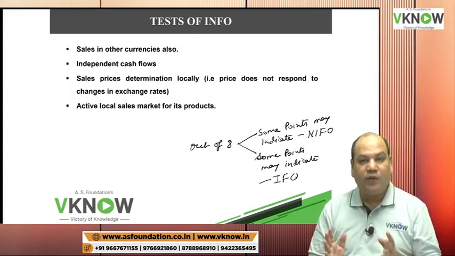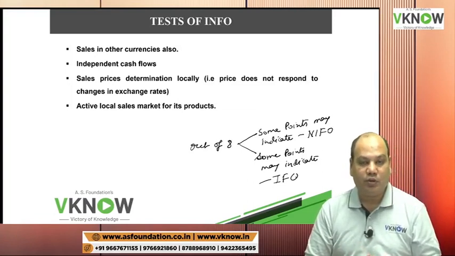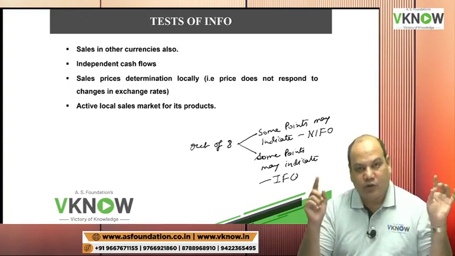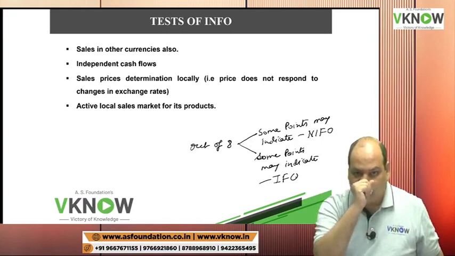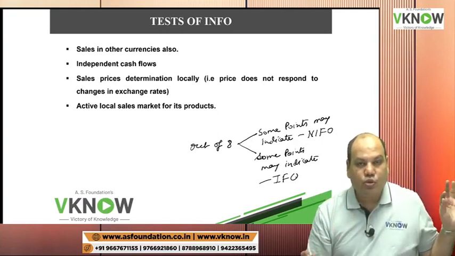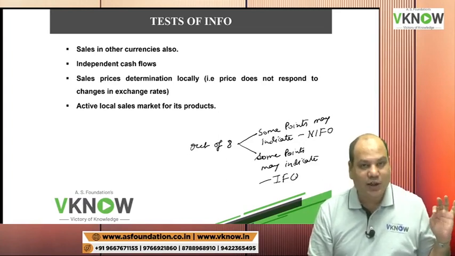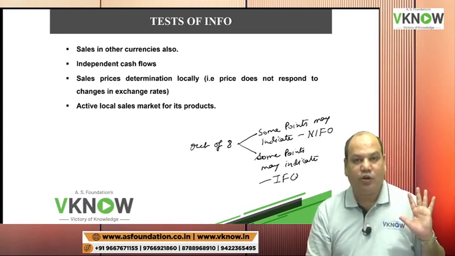So they may have the autonomy, but the number of transactions may be too high. The foreign operation has autonomy, so the first condition is satisfied, but the number of transactions is also very high. Looking at the first point, it looks like NIFO, but looking at the second point, it looks like an integral foreign operation.